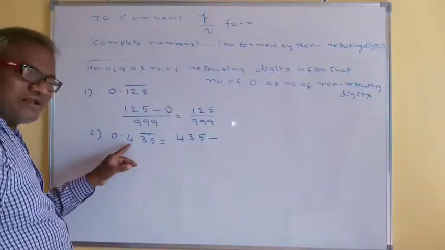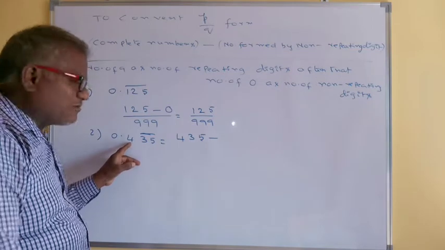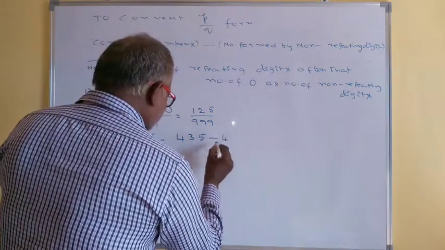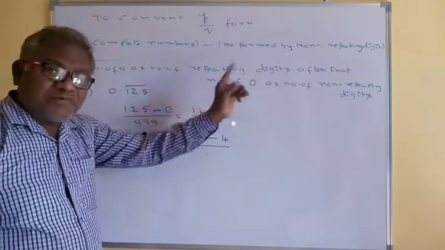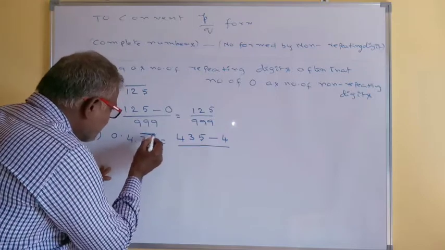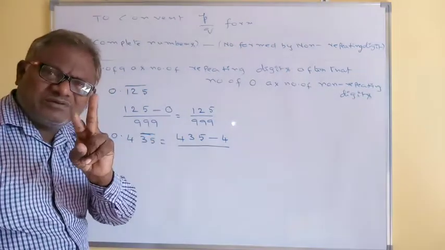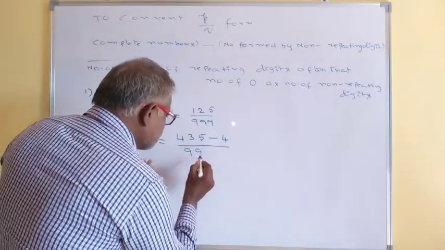This is non-repeating, the number without bar, so write down this one, divided by as many 9s as the number of repeating digits. In this bar, that means in this repeating part, how many digits are there? 2 digits, so write down 2 nines.